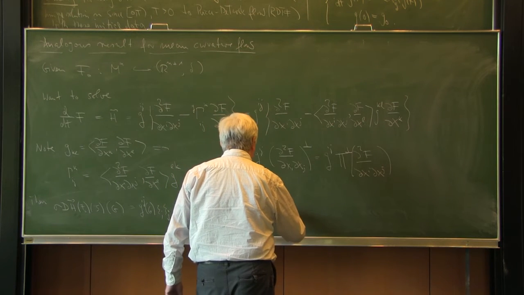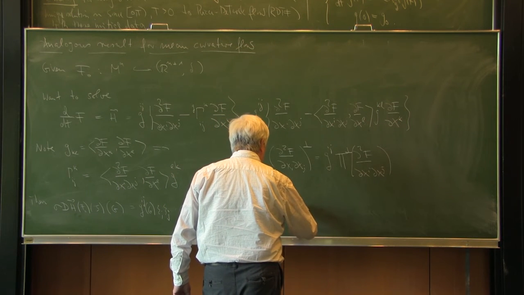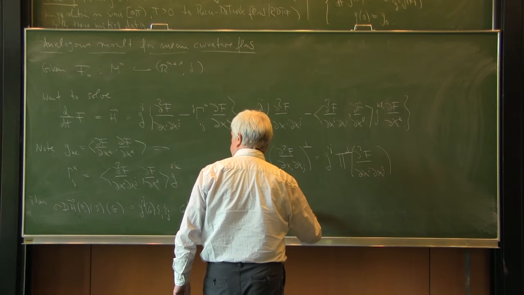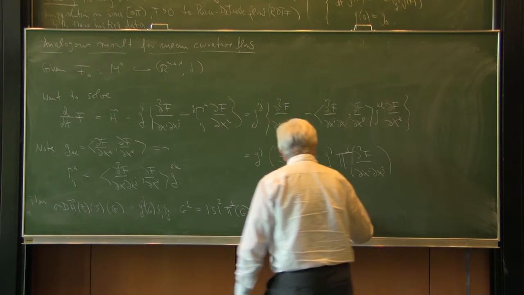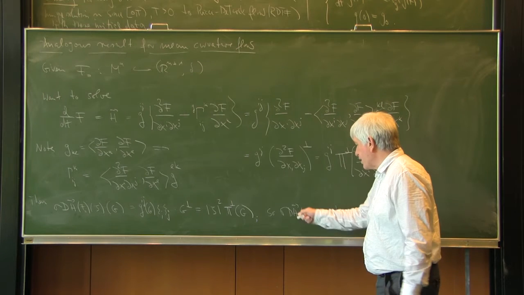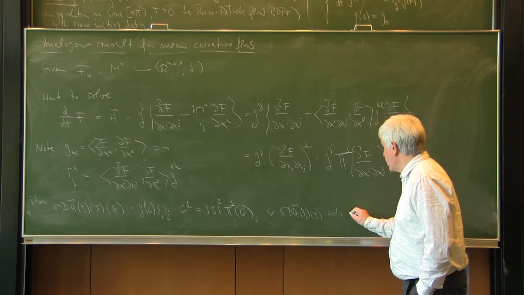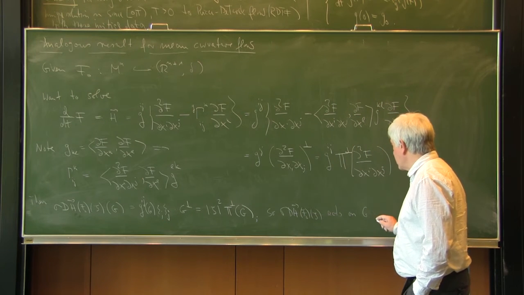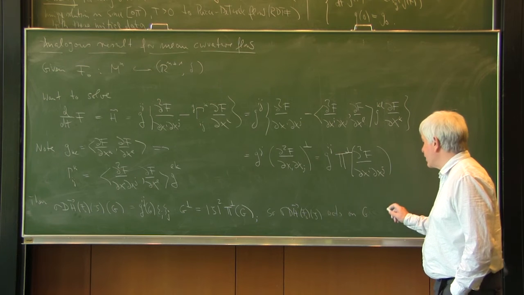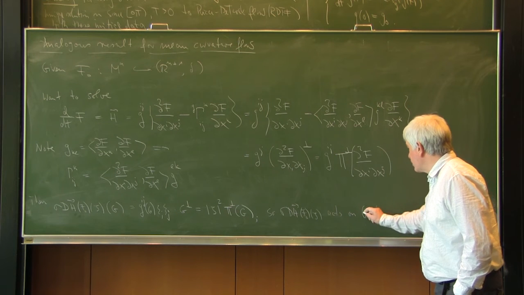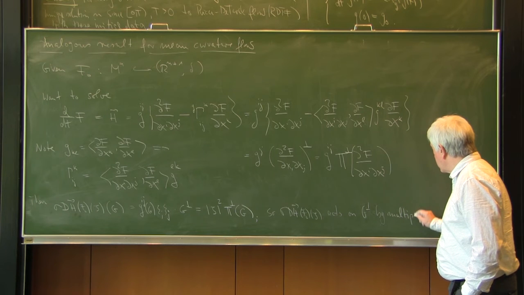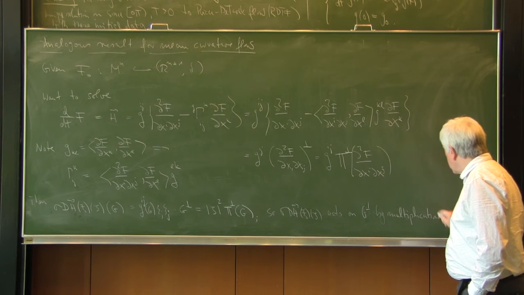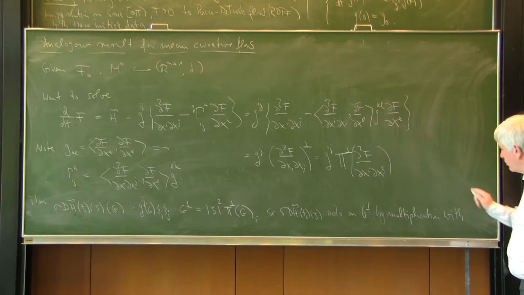So the symbol of the linearization of H at f0 acts on g, on the normal part of g, by multiplication with theta squared.